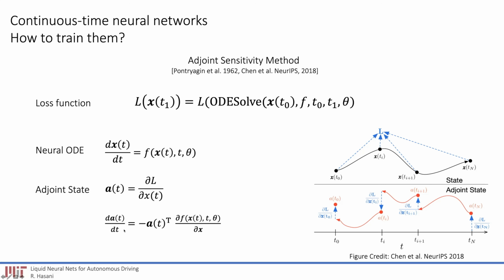And then you can write that as a dynamical system again, and based on that dynamics, a backward propagation of the dynamics of our system can compute the gradient of the loss with respect to the parameters and the state of the system.